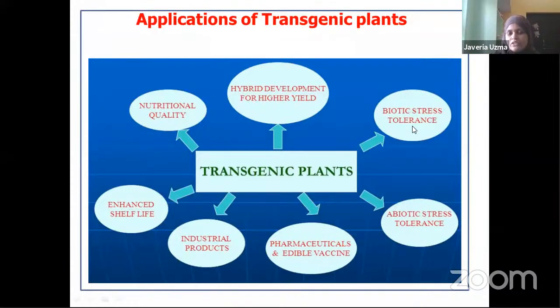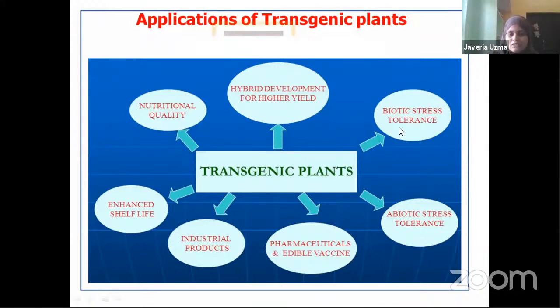Then we can introduce biotic stress tolerance in transgenic plants. Stress caused by living organisms is known as biotic stress. Many living organisms like bacteria, fungi, viruses, parasites, and different protozoans cause diseases in plants. And as these plants get diseased, they give less crop yield, so productivity will decrease due to biotic stress.